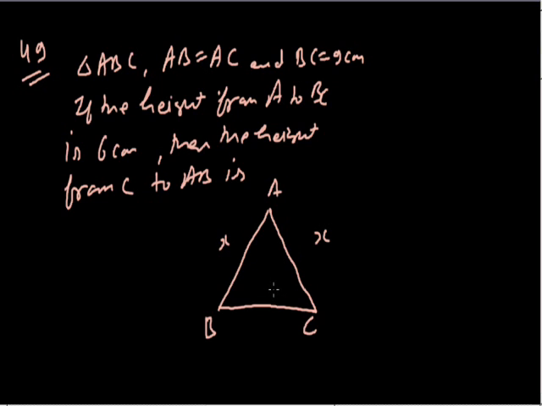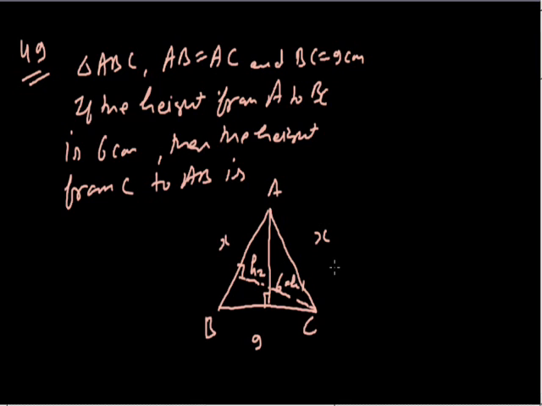Now it is given that BC equals 9, and the height from A to BC is 6. Now we have to find the height from C to AB. Let this height be denoted by H2 and 6 be H1.